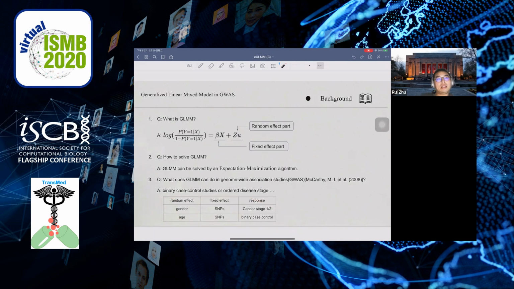We can see the reason why we want to have random effect part here, for example, male or female, because male or female may have different cancer stage rate. Directly using SNPs as a variable and cancer stage 1 or 2 as response to build a generalized linear model will provide an insufficient association.